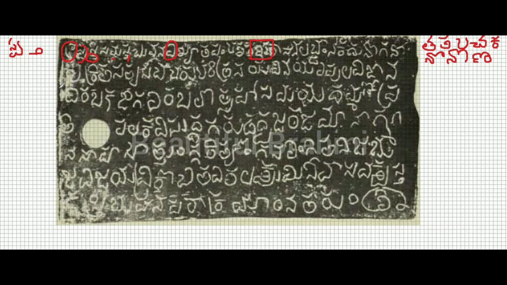Then it says, okay, there is an anuswaram, and this is a lakaram, la over here, an anuswaram, lang. Then we have a ka and an ikaram over here. We should observe the ikaram, which is a very unique ikaram in an early form of Telugu, and we have a Ravuttu.